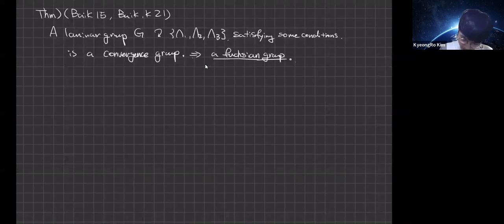And then also conversely, any Fuchsian group, in the paper this kind of group is called a pants-like COL3 group.